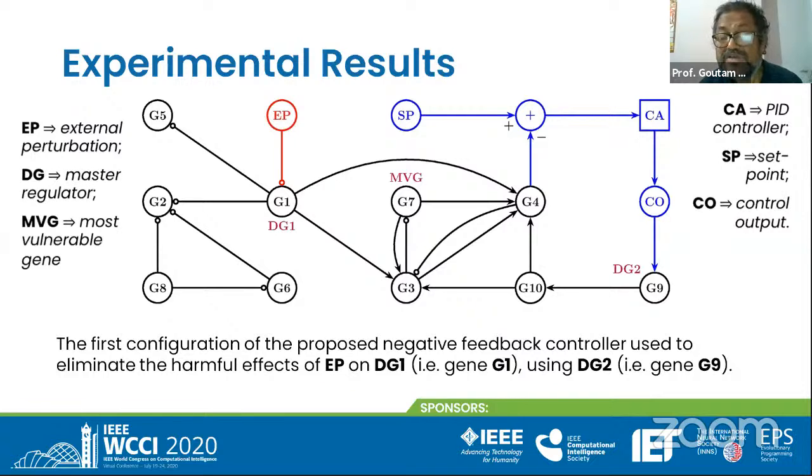That means I know that I cannot do anything with the EP. EP will be there. It will always be disturbing G4. I have got nothing to do with them. So I am giving another disturbance, a control disturbance, on the gene G9 so that G4 comes back to its set point. So this is my medicine.